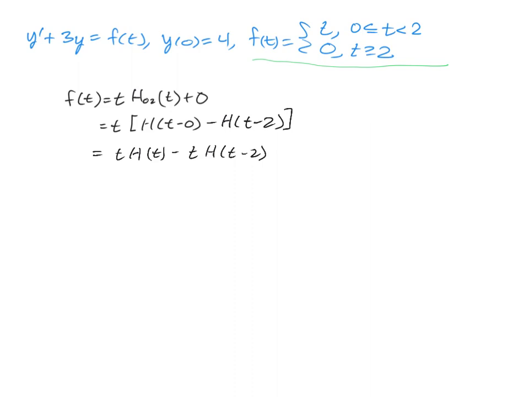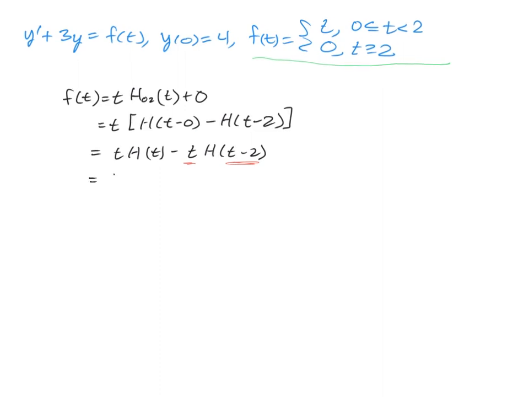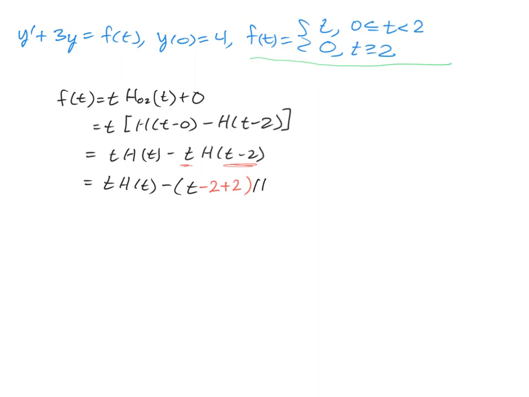And we'll notice that we can't take the Laplace transform of this yet, because these t's do not match. We have a t here and a t minus 2. So what we have to do is rewrite it like we did earlier in this section. Write it as t h of t minus parentheses t, and now we're going to subtract 2 and add 2 to that t, still times the Heaviside at t minus 2.